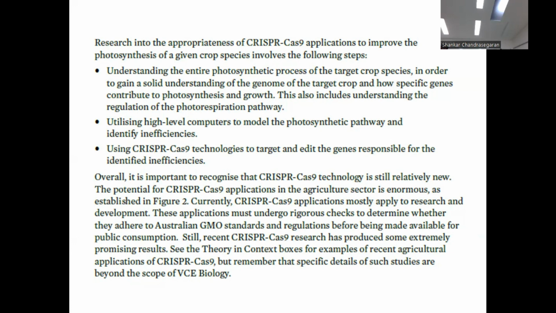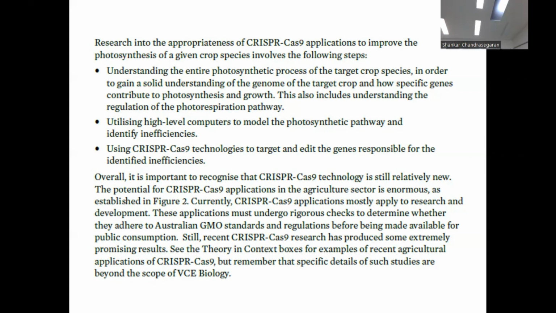Essentially, genomes are so sensitive that in certain regions you can modify entire sequences and it'd be fine. But if you modify one base pair wrong in the wrong place, it can have a very bad effect on the plant. So we need to understand where the genes related to photosynthesis and photorespiration are, how they work, what kind of pathway they take, and how they all interlink together.